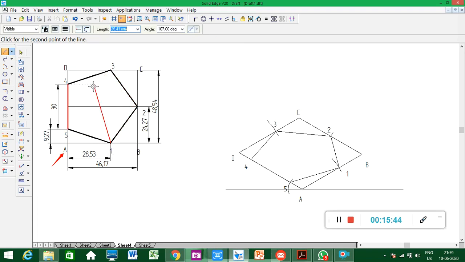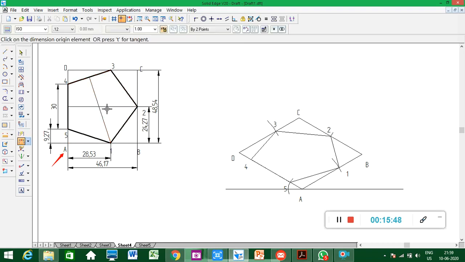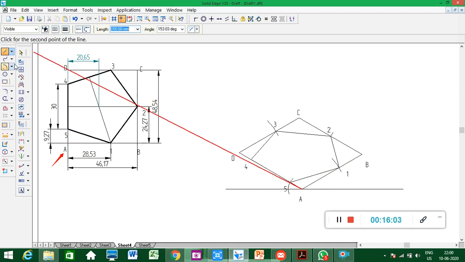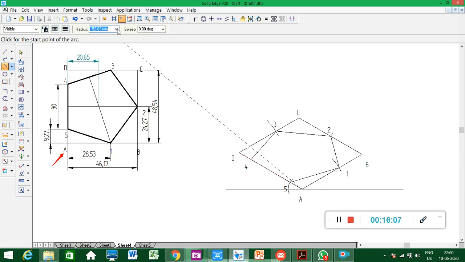Draw another bisector. This is the midpoint. For this midpoint I'll measure 20.65. So from here I'll mark 20.65, from A or from D, the same, 20.65 by the R command.